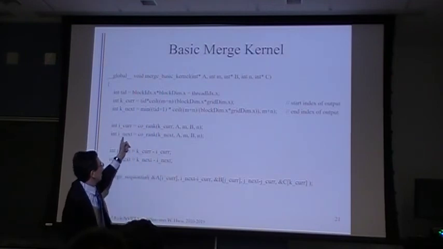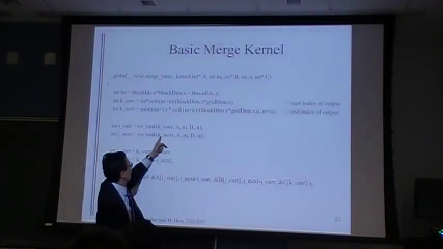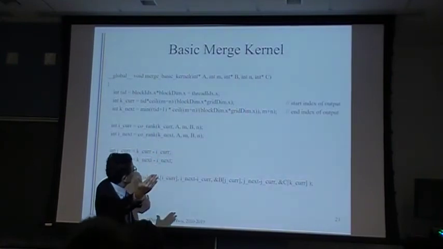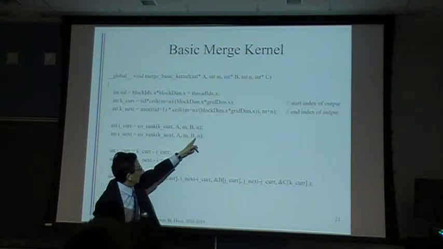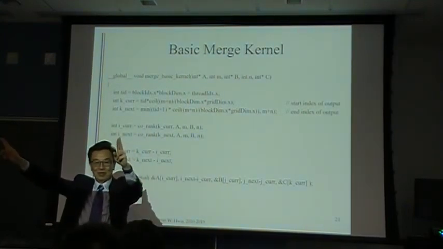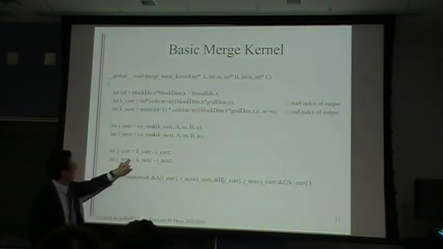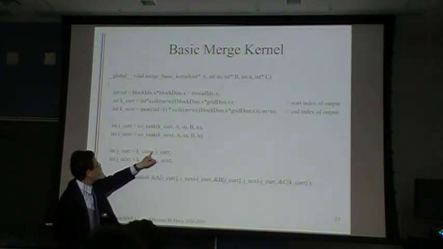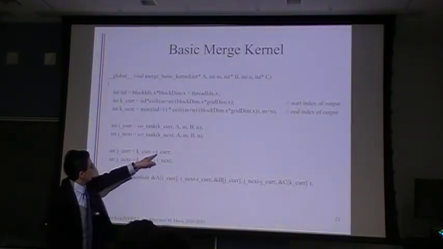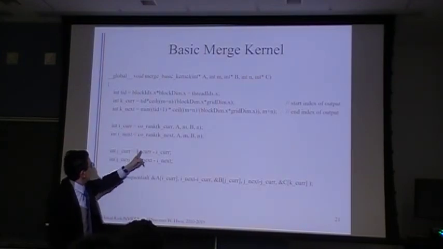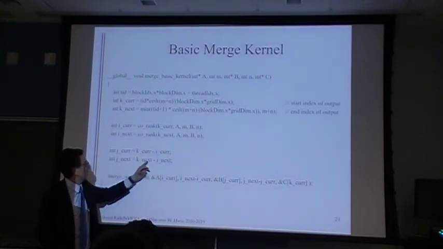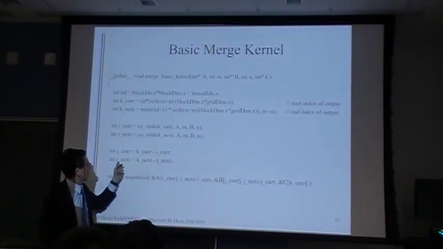And then you call co-rank again, using the k next, the end of your position, and then A and B again. That gives you the ending markers of your A and B. So then you use the beginning marker and ending marker. When you get the i, you can calculate your j by subtracting k from the i.